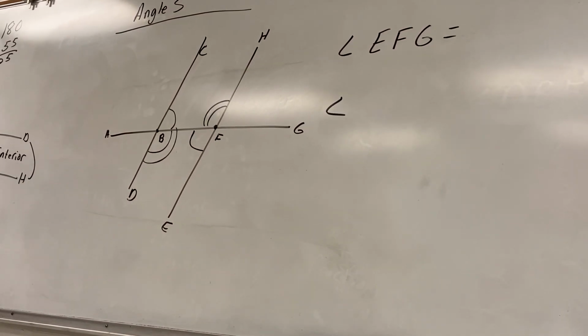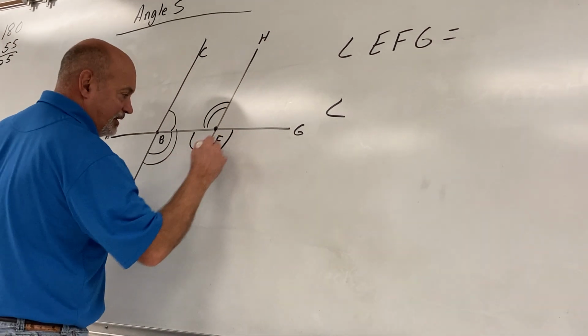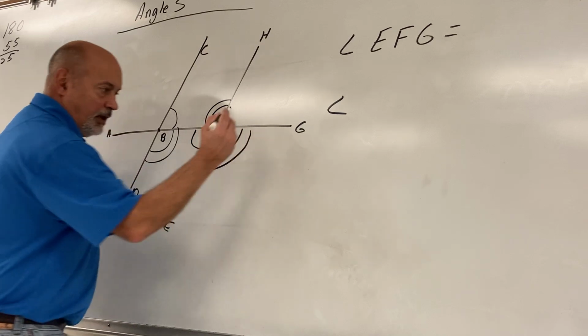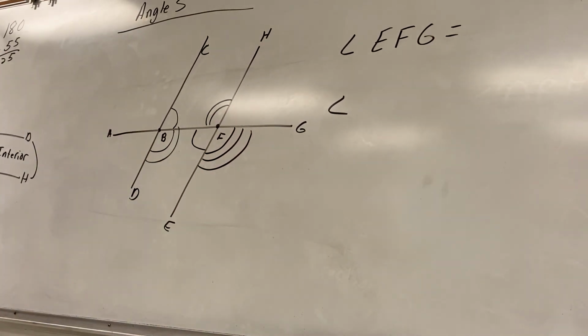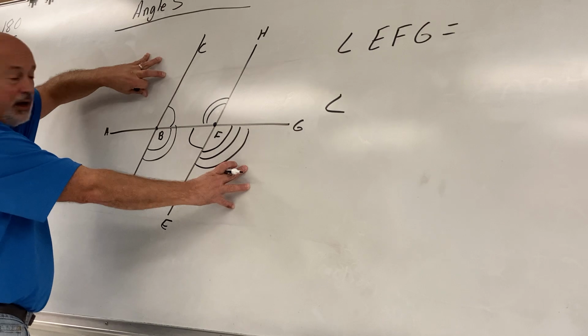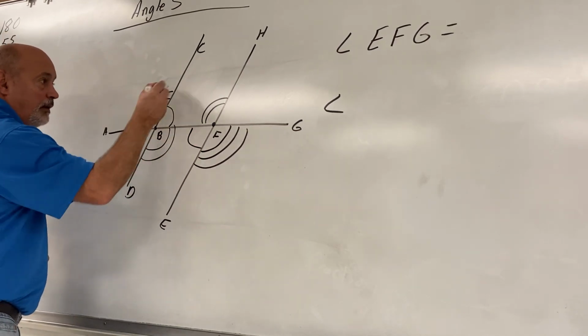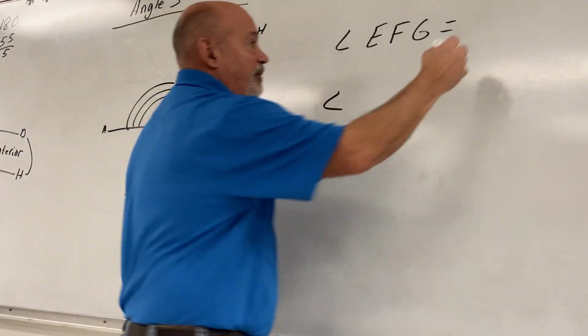Jake. ABC. Let me label EFG first. I'm going to put 3 lines on it. Which one do you say goes with it? ABC. Are they on opposite sides? Yes. Are they both on the exterior? Yes. I agree with Jake. So we'll put 3 lines on ABC.